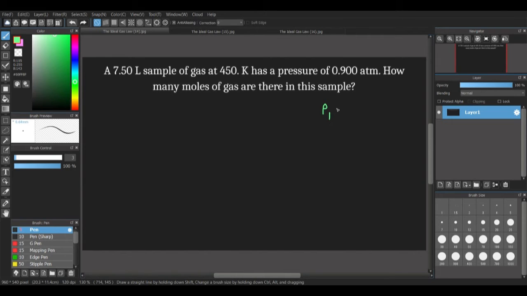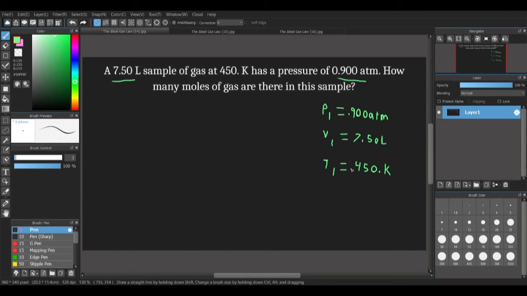We're told that our pressure is 0.900 atmospheres. We are told that our volume is 7.5 liters. And we are told that our temperature is 450 Kelvin. No conversions are necessary because the temperature is already in Kelvin.